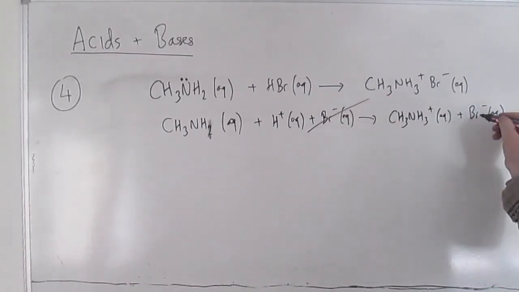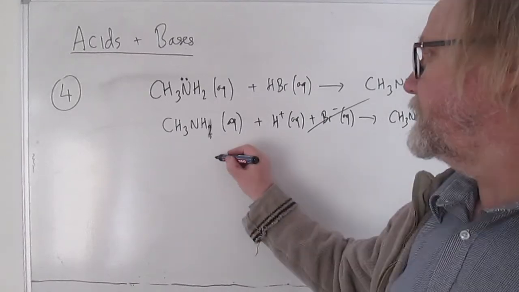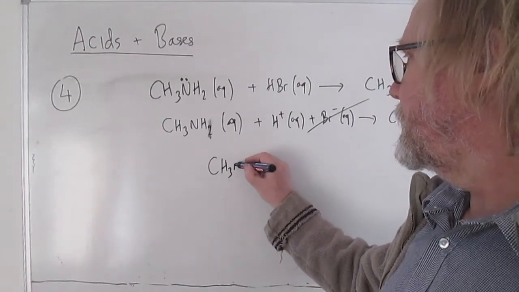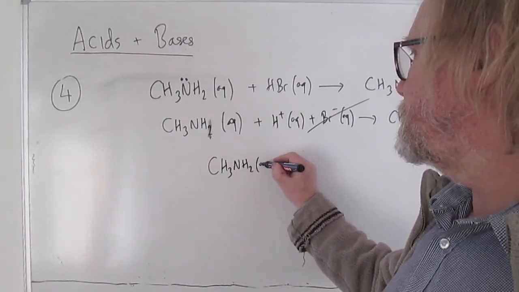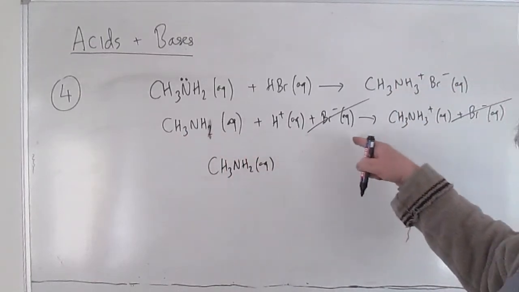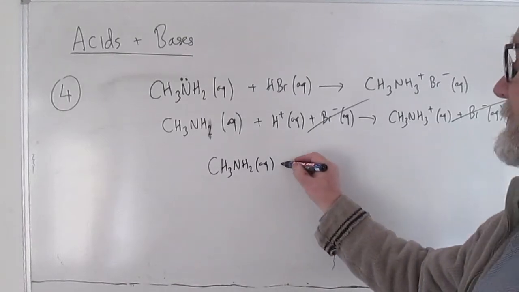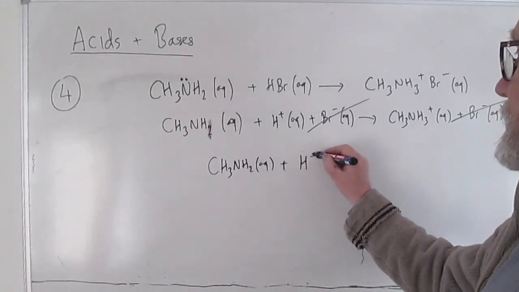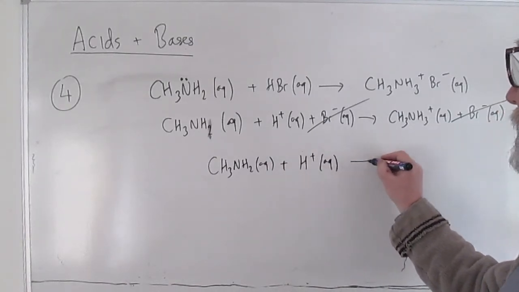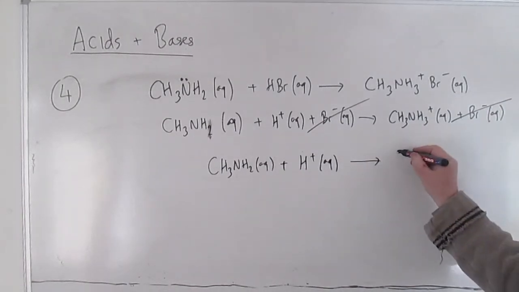And the bromide ions are spectators, and so you end up with this. When you've done loads of these, you may get to the point where you don't really need to write this intermediate stage out, where you can see what the spectator ions are going to be straight off, and that's fine if you're very confident that you've done that right.